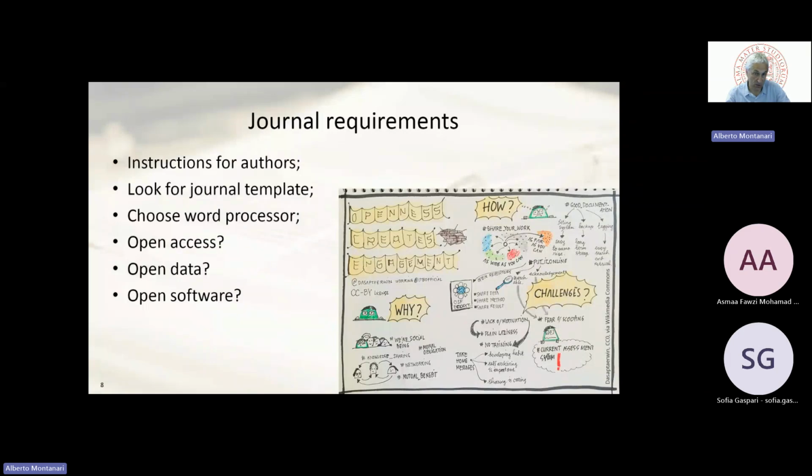Namely, the choice of the word processor is also important for the sake of efficiency. These suggestions that I'm giving to you are just related to maximizing efficiency, but keep in mind that if you want to be outstanding, efficiency is a requirement, not a luxury. So if you want to get the best from your career, you also have to look for efficiency.